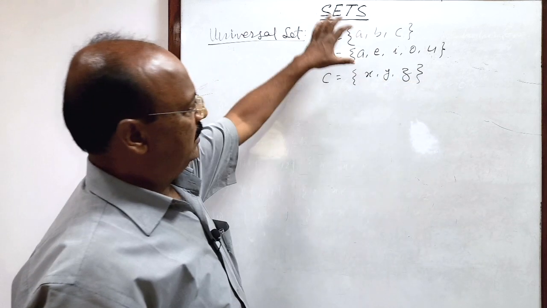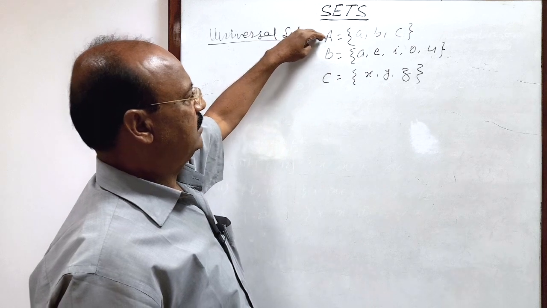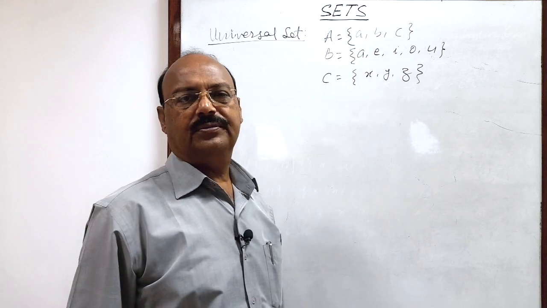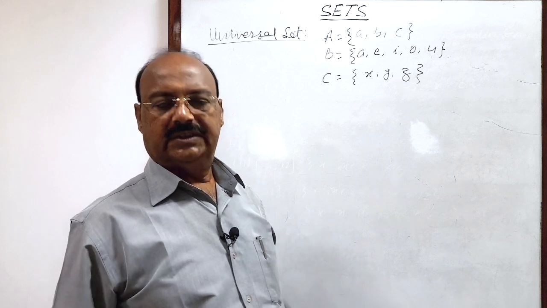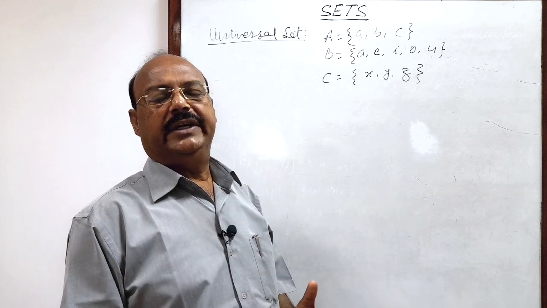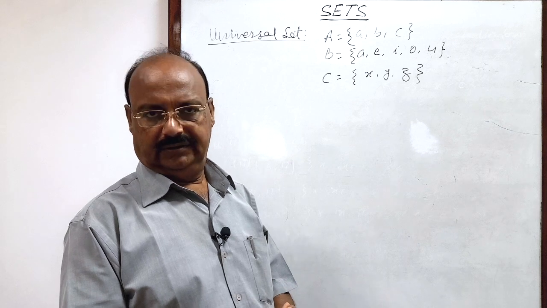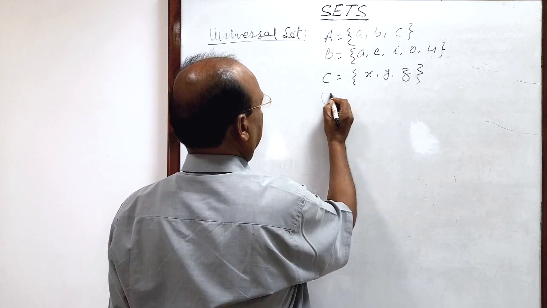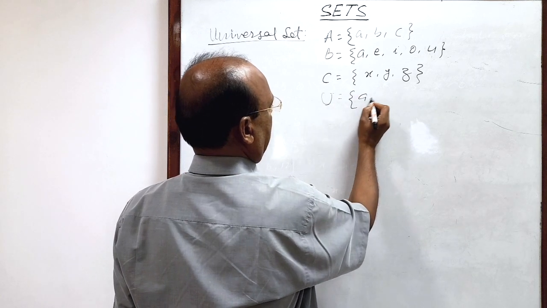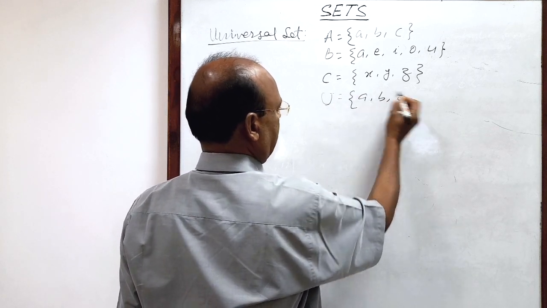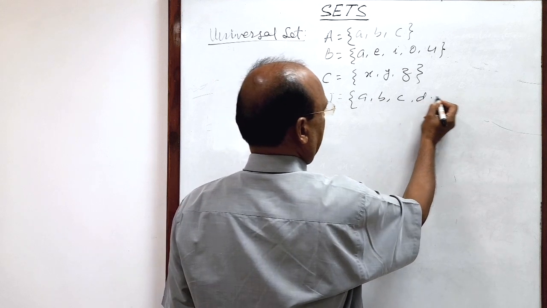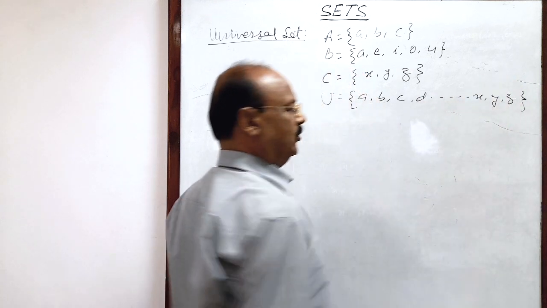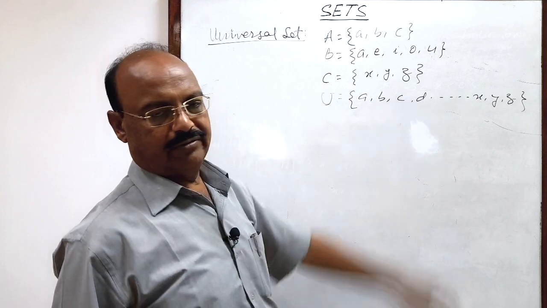Here in this case you see all these sets A, B, C are subsets of the set of letters of English alphabet. Suppose you denote it by U, where there are all the English alphabet A, B, C, D to X, Y, Z, all the 26 letters of English alphabet.